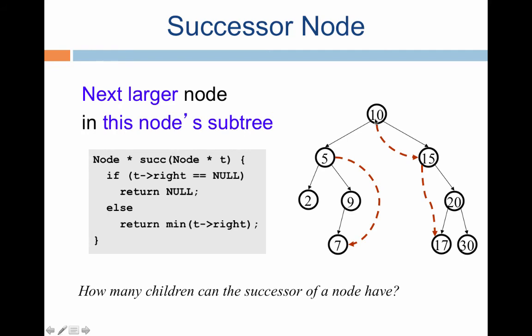Similarly, the largest key smaller than 10 is 9, and if you go to the in-order listing, 9 is the last value to be printed. Similarly, the smallest key larger than 5 is the value 7.